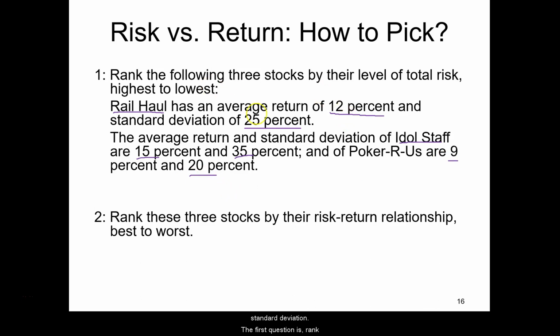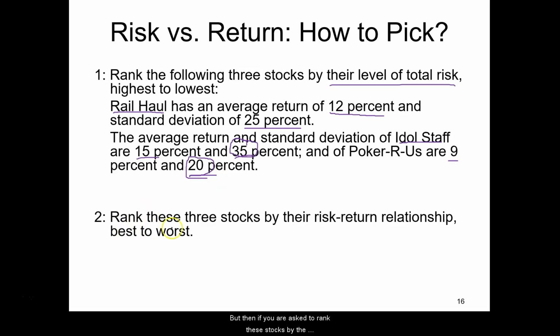The first question is to rank the 3 stocks by their level of total risk. And if you are to rank the stocks by their level of total risk, this is actually just to compare the stocks according to their standard deviation. Apparently, this one has the highest level of total risk, and this one has the lowest standard deviation, or say the total risk.